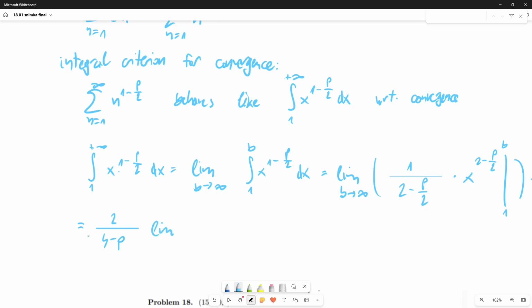And here we have the limit as b goes to infinity of b to the power of (4 minus p) over 2, minus 1 to the same power, which is equal to 1.